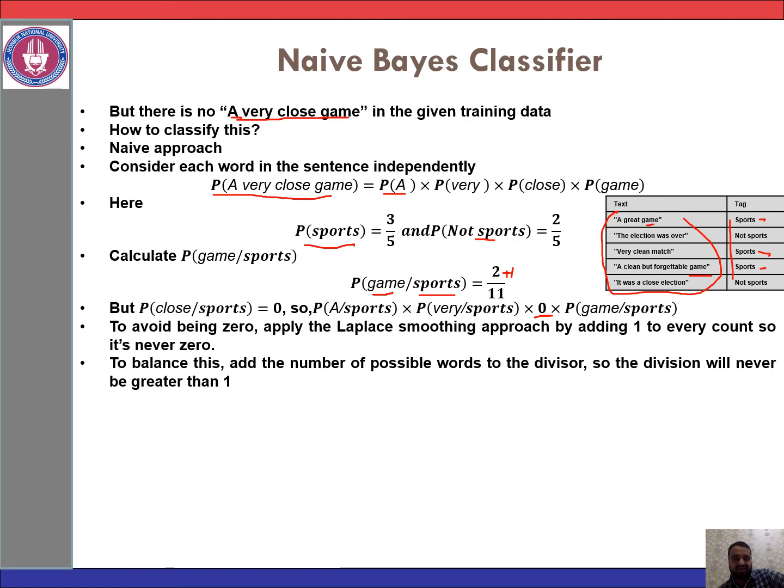And we don't want that, because probability should always lie between 0 and 1. To balance that out, we divide by the total number of words in our data set.